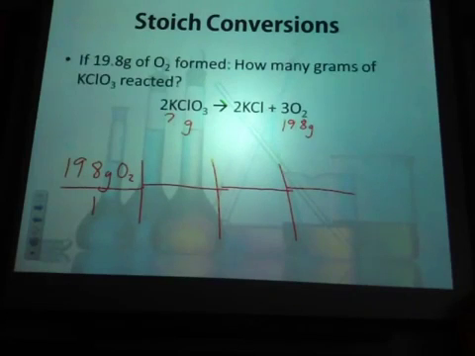Remember, if it's saying divide, you've got to put it on the bottom of the chart. If it's saying multiply, you've got to put it on top.